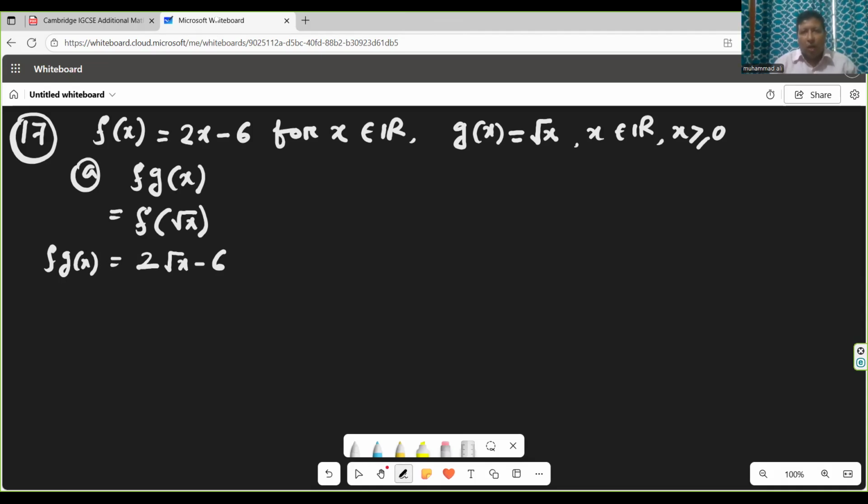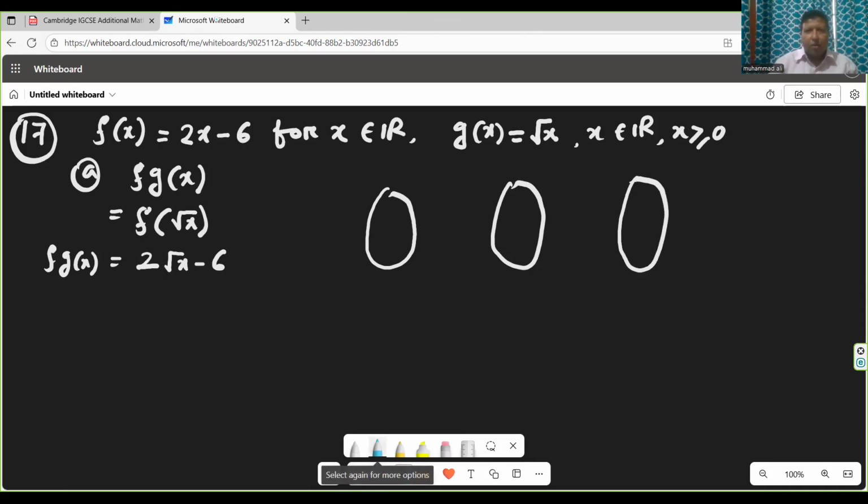Now, as we want to find out the domain and range, we have to observe this mapping. So x is mapped with g(x) and g(x) is mapped with fg(x). In the g function, what is the status of x? x belongs to real numbers and x greater than or equal to 0.